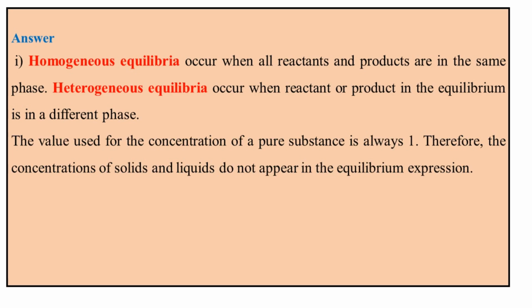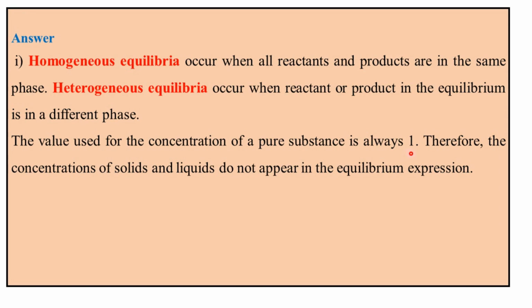Again, what you need to know is that when you are writing the expression and you have a pure substance, for example a pure solid or pure liquid, it is given the value of 1. In writing the equilibrium expression, pure solids and pure liquids are given the value of 1.